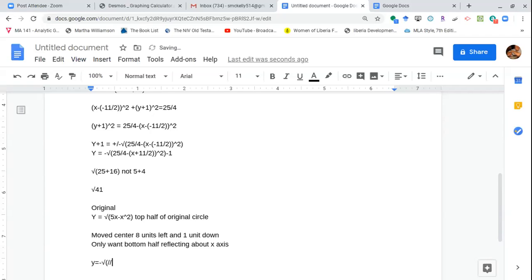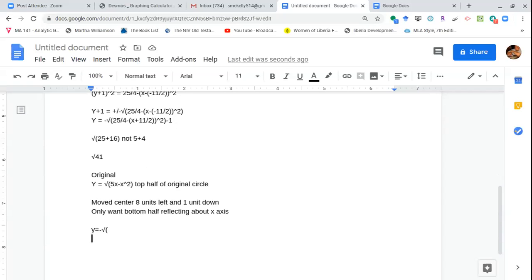Let me just use spaces as a placeholder. And then I know that I moved it 1 unit down, so I'm going to have a -1 out here. So I took care of my reflection, and I took care of my -1. Now I need to deal with this thing in the center here.